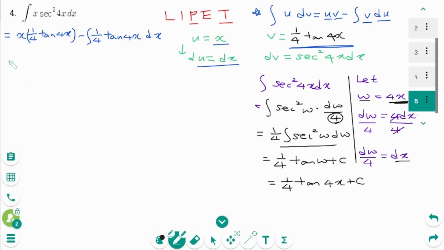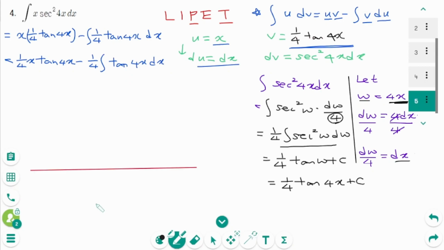We can rewrite as 1 over 4 x tangent 4x minus 1 over 4 the integral of tangent 4x dx.